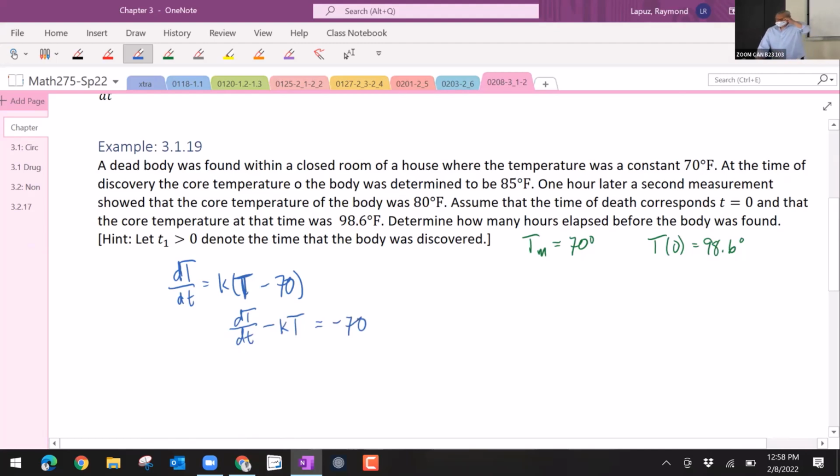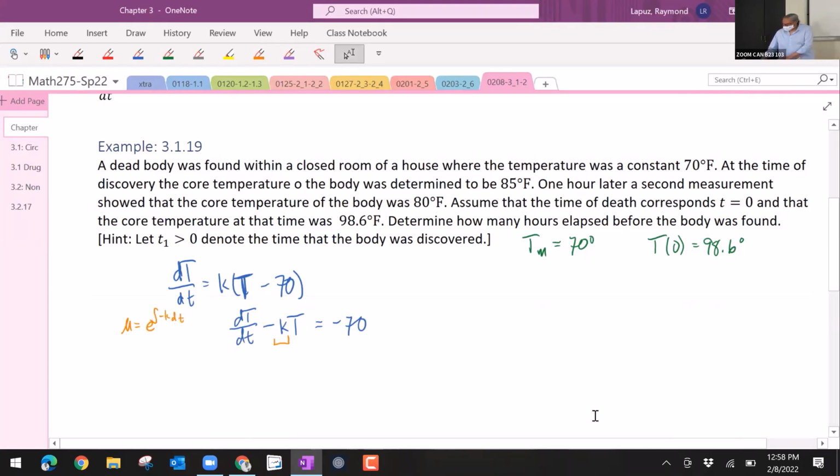And we have this idea of an integrating factor, mu, equal to e to the integral of p, which in this case is negative k dt.